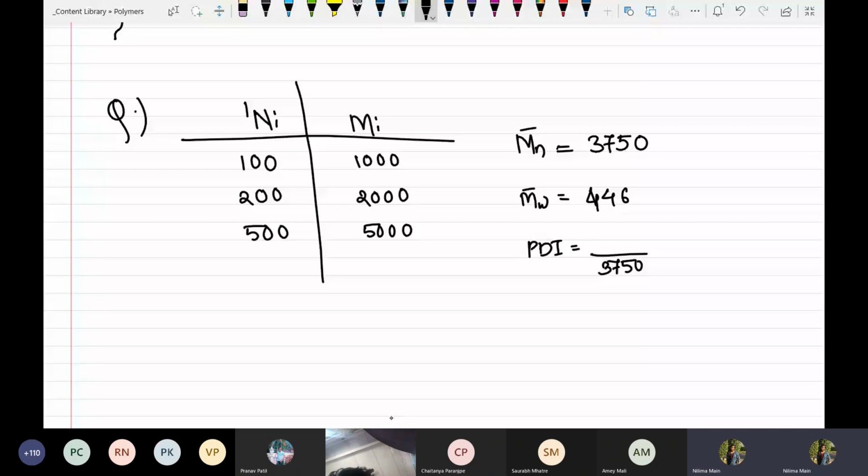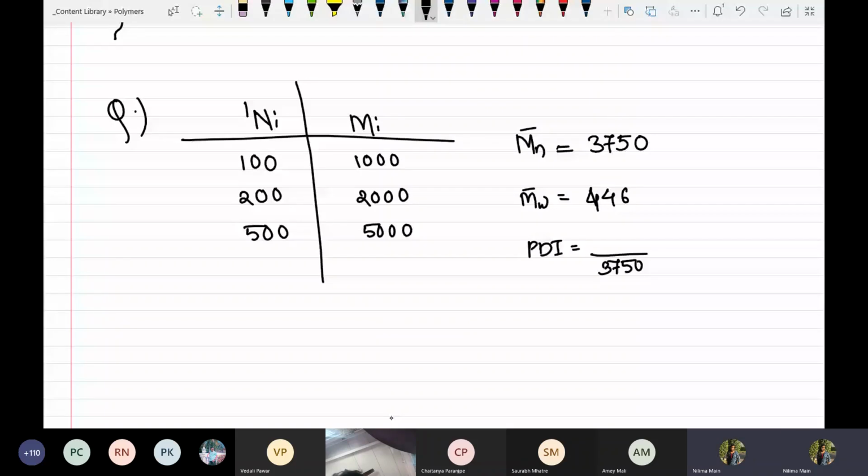Now calculate PDI. PDI is the ratio 4466.66 upon 3750. 1.19. Yes, correct, 1.19. So this sample is polydispersed as we have said, and we got the value greater than 1. Okay. Next one.